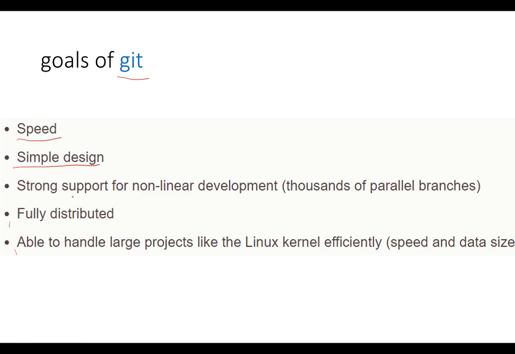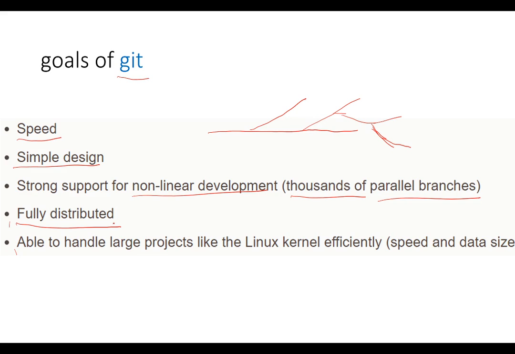And Git should support nonlinear development, that is, thousands of parallel branches. For example, there is this main branch, and other developers can work on another branch.